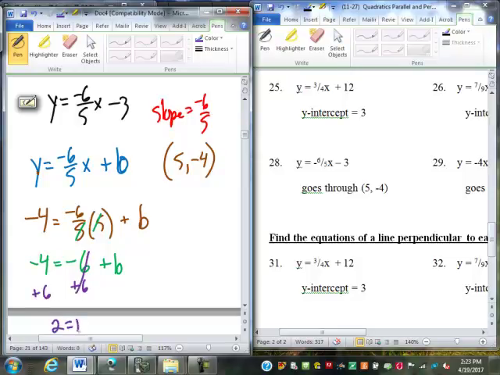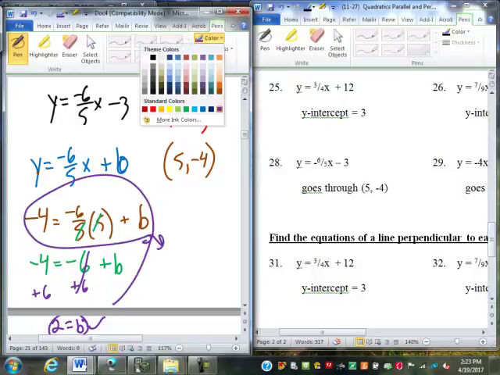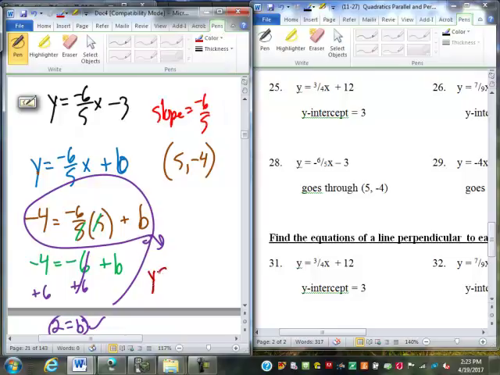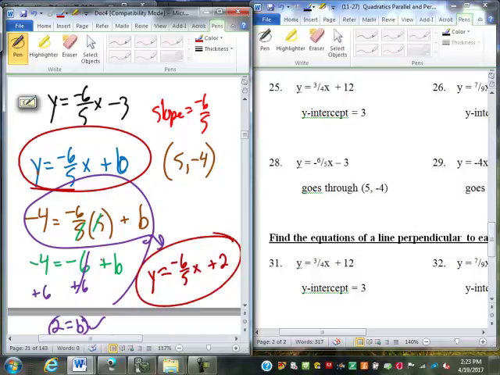We get 2 equals b. So that tells us that equation has to be y equals negative 6/5 x plus 2. Very good. So that's working with the parallels.